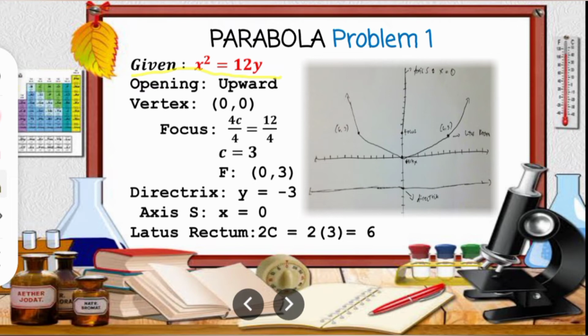So in our graph, we can locate our focus here. The focus is (0, 3). To find our directrix, we have y equals negative 3.